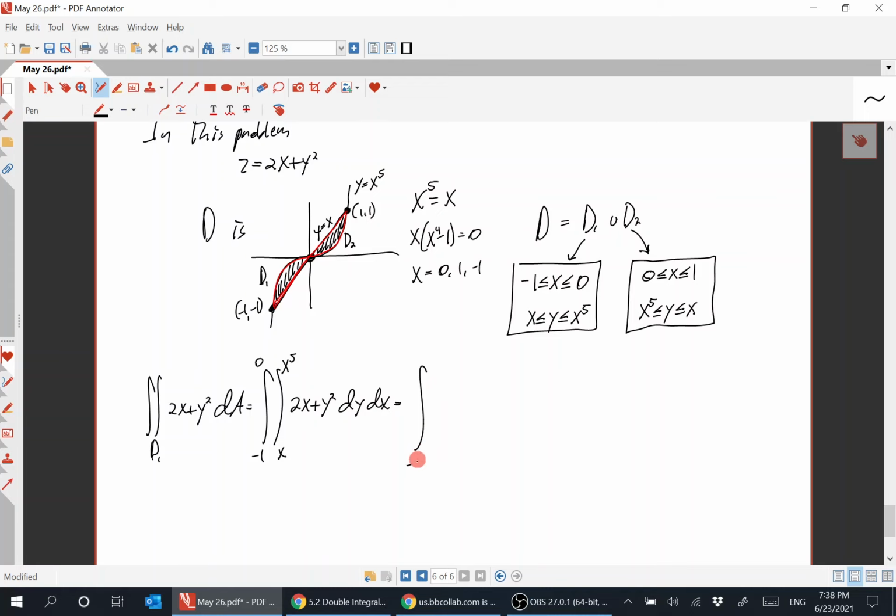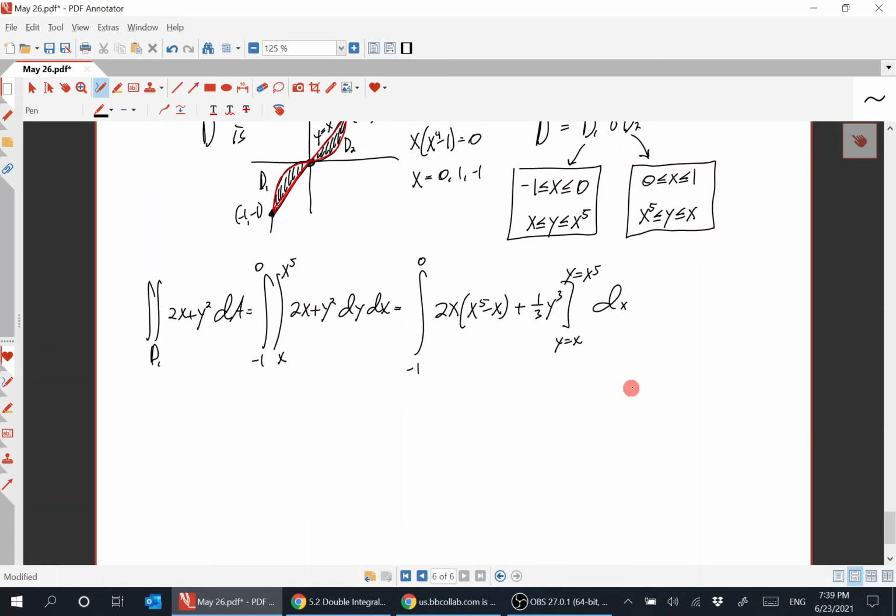So this is equal to the integral from minus 1 to 0 of the antiderivative with regard to y. 2x is a constant with regard to y, so it's 2x times (x to the fifth minus x). And then this is 1/3 y to the third from y equals x to y equals x to the fifth. That's nasty. dx. Oh, no, it's not bad because it's just monomials.